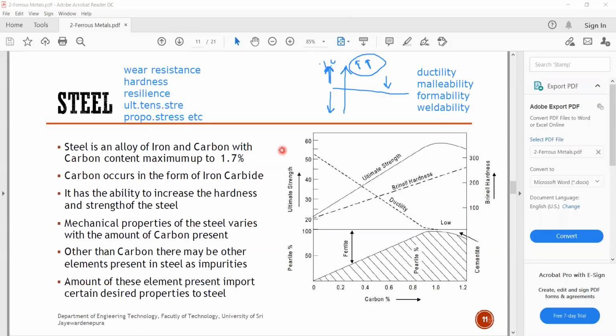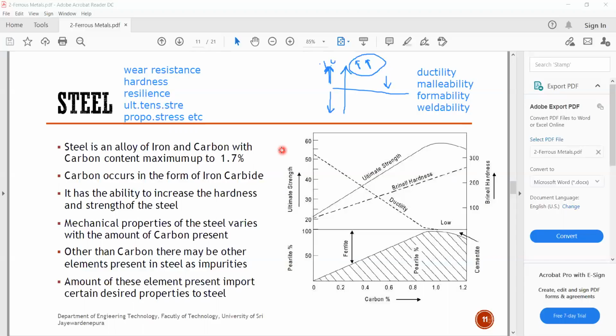And another thing: when the amount of carbon is at a higher level, beyond 1.7 percent, these steels are called cast iron, right?